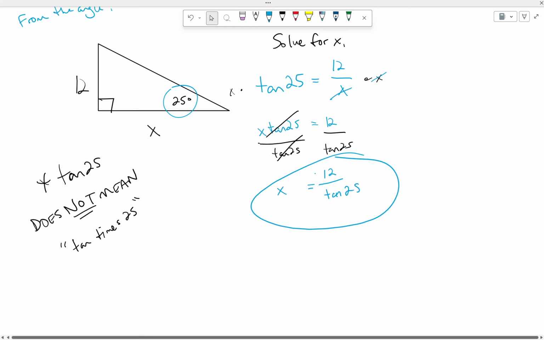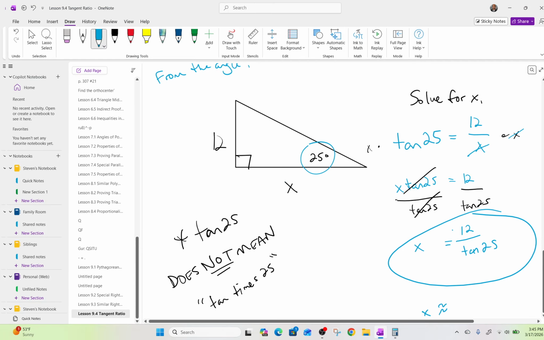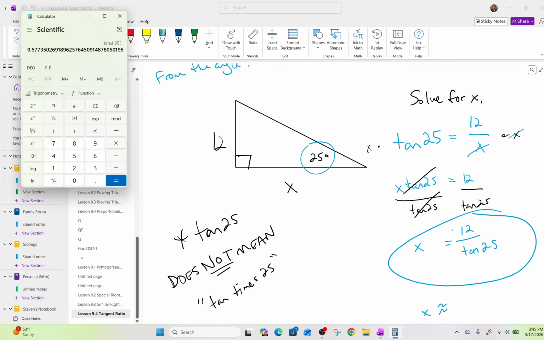Now, I'm going to punch this into a calculator, okay? This is going to be about equal to 12 divided by the tangent of 25. So we say 25, tangent.